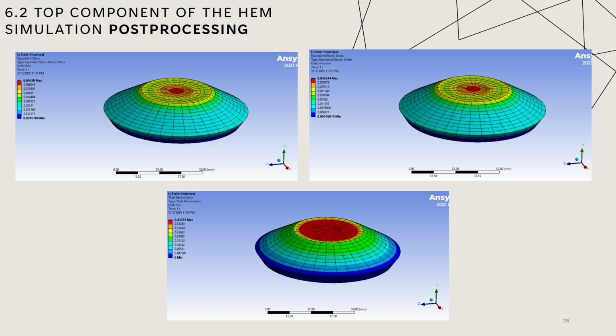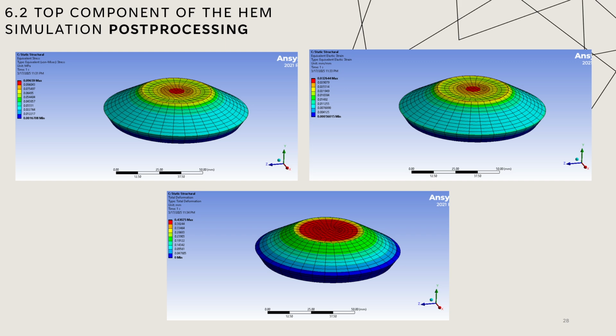On the top left corner, we have the equivalent stress result, which shows 0.097 MPa. On the top right corner is the equivalent elastic strain result. And on the bottom of the picture is the total deformation of the structure.